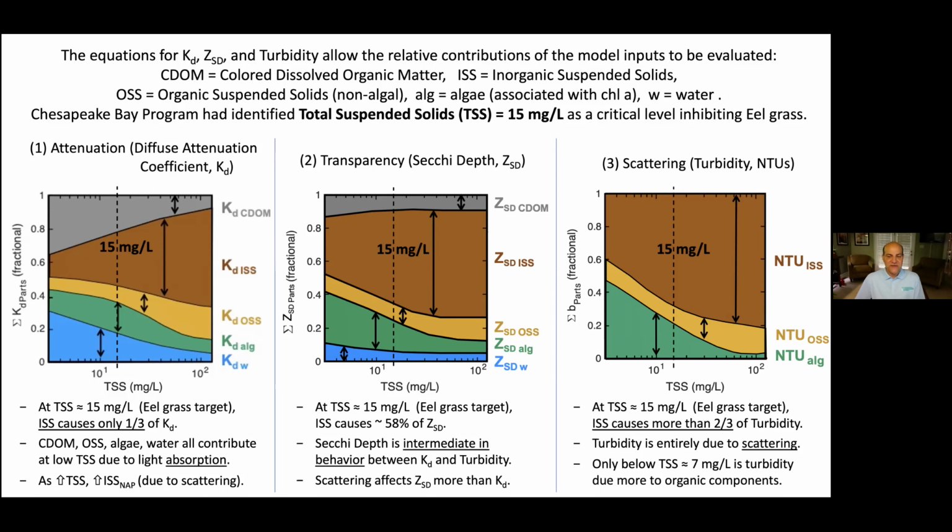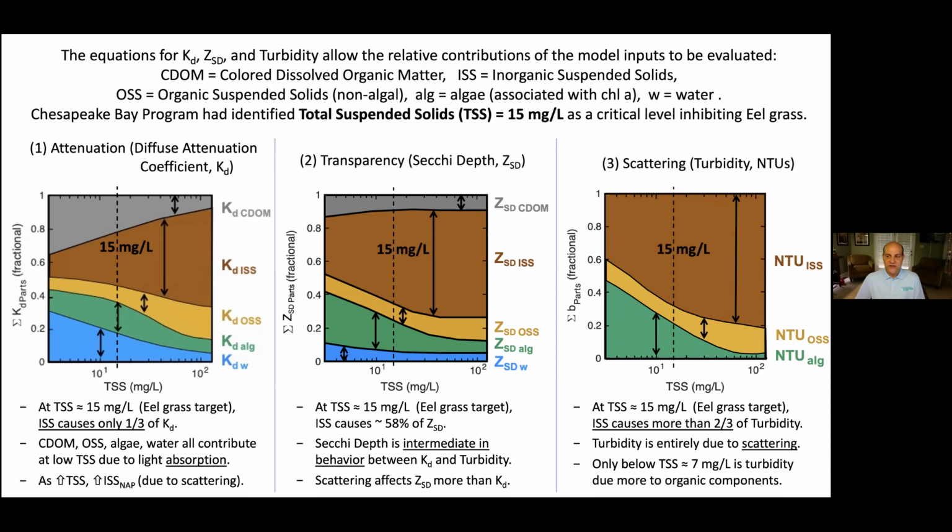The fraction of the resulting water clarity parameter associated with each constituent is then highlighted in plot number 1 for KD, in plot number 2 for Secchi depth, and in plot number 3 for turbidity. The different colors on each of the squares indicate the relative importance of the model inputs.